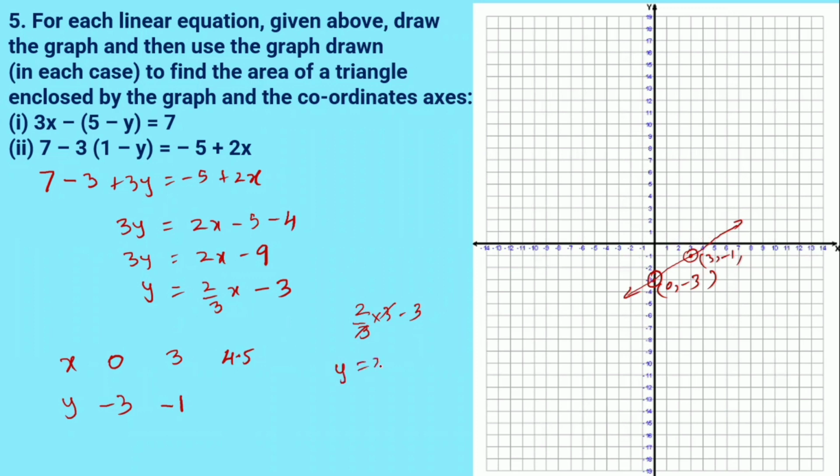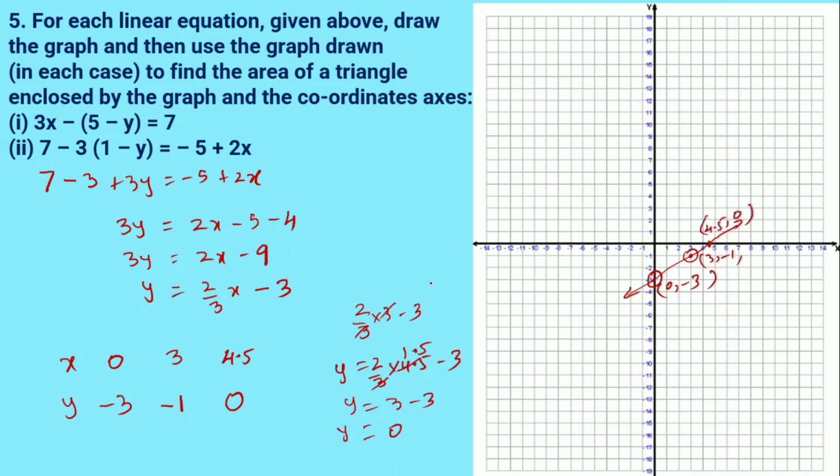So y is equal to 2 upon 3 into 4.5 minus 3. 3 ones are 1, and 3 into 1.5 is 3. So 3 minus 3, you get y is equal to 0. So if x is 4.5, you are getting y is 0. Now this is passing through 4.5. So why did we take this point? Because it is cutting at the x-axis. So this is the point 4.5 comma 0.